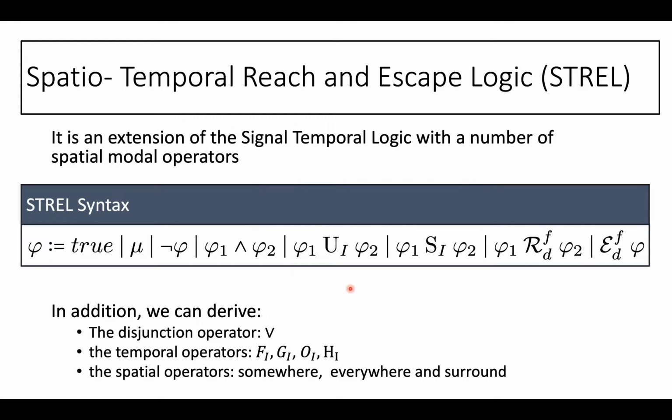Here we can see the syntax of STREL, where true is the Boolean true constant, mu are the atomic propositions, then we have negation, conjunction, the temporal operators until and since, and then you have the spatial operators reach and escape. Then we can derive other operators: the disjunction operator and the temporal operators eventually, globally, once and historically, and then the spatial operators somewhere, everywhere, and surround.